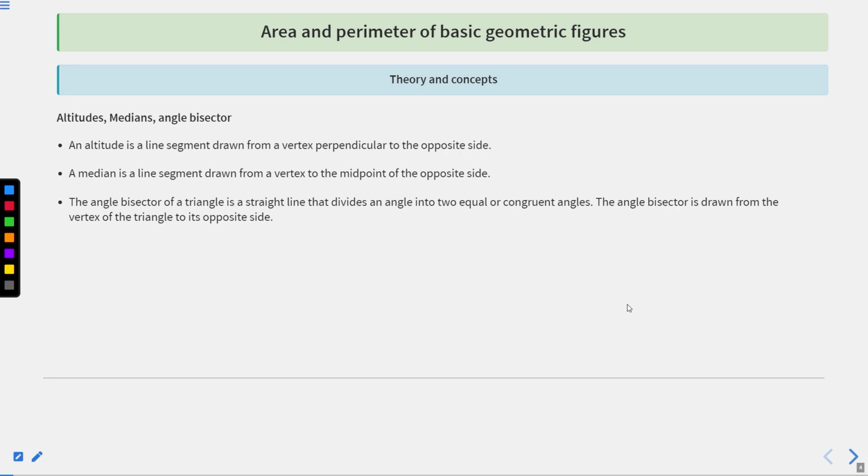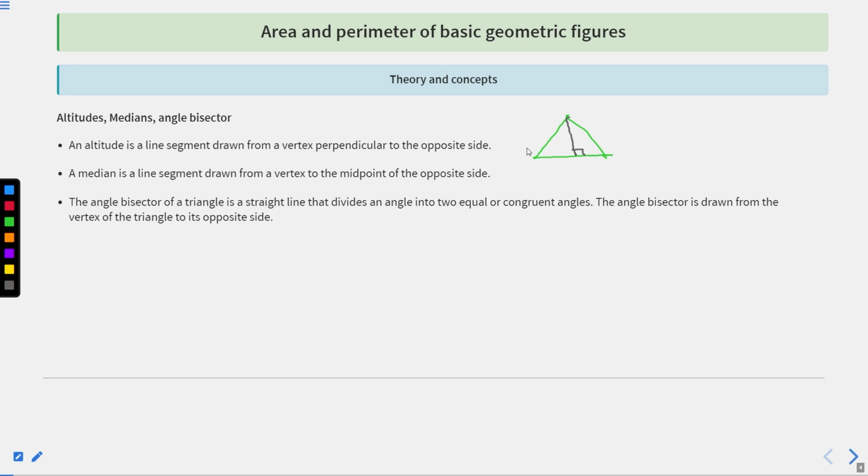So what are altitudes, medians, and angle bisectors? An altitude is a line segment drawn from a vertex perpendicular to the opposite side. So if this is a triangle, then its altitude will be this. This line is the altitude and this angle is 90 degrees.